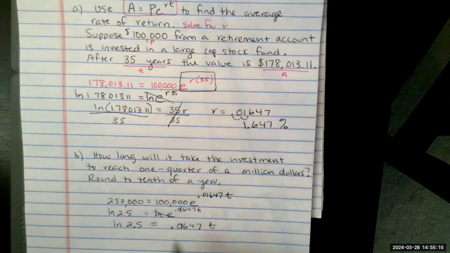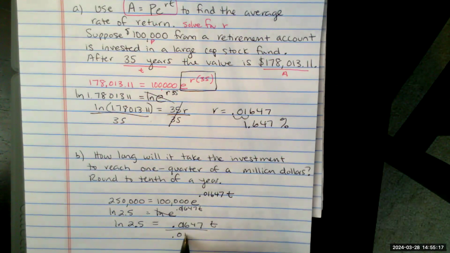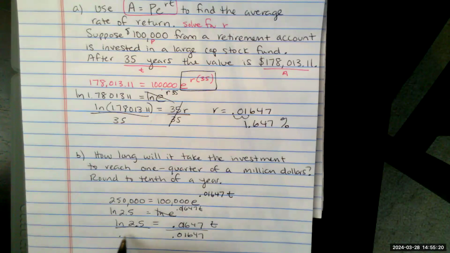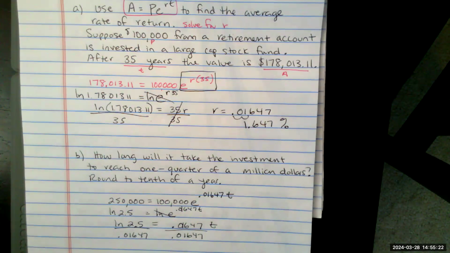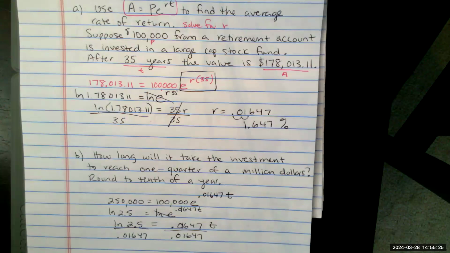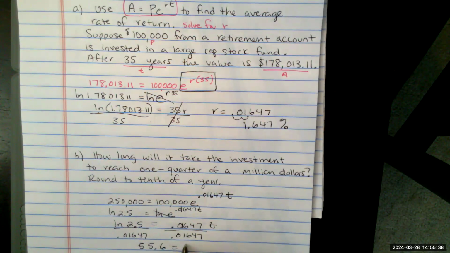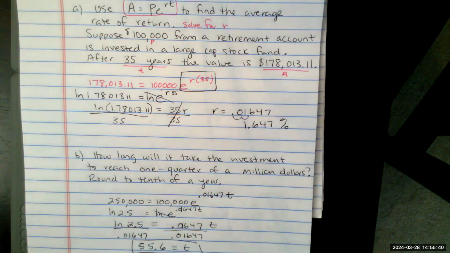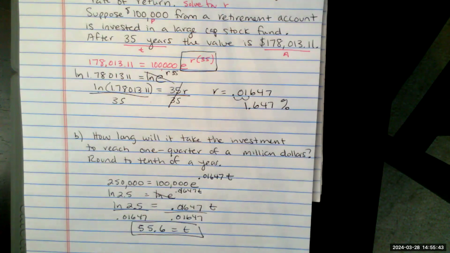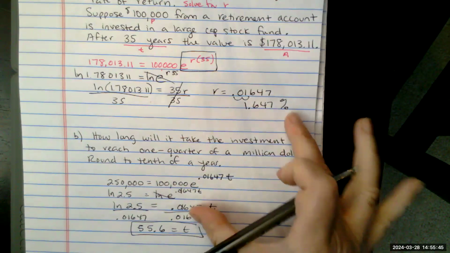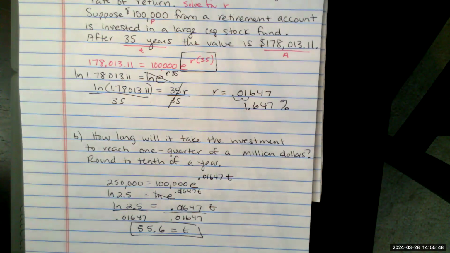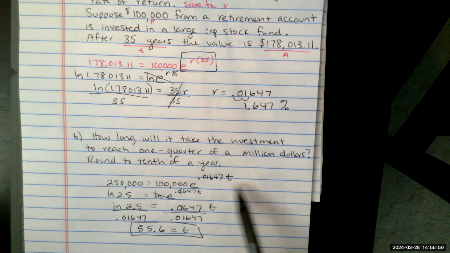Okay, so my last step is to divide. ln 2.5, I'm going to end the parenthesis, divided by 0.01647. They wanted us to round to a tenth of a year, so 55.6 would be the time. Both of these were solved in the same way. One time we were trying to find the R, and the other time we had the R and were trying to find the T.